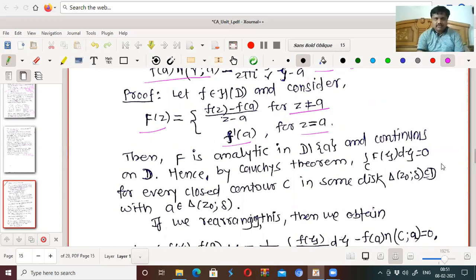Now why? F is analytic in D minus A because we have taken F this way. So the limit exists as z tends to A, because z is not equal to A. The limit exists here, and this is f dash at A. Therefore it should be differentiable, that is, capital F is analytic.